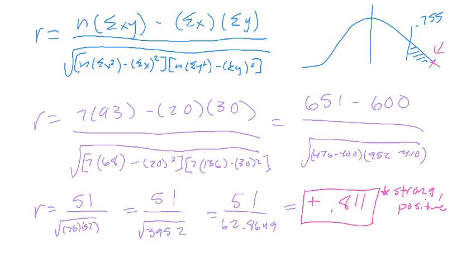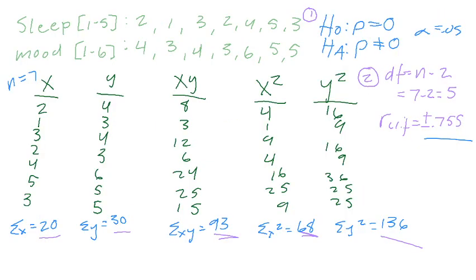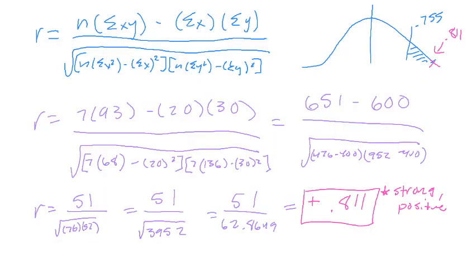We'd be somewhere over here with our 0.811, and we would go ahead and reject the null hypothesis. It seems that there is a relationship between sleep and mood. And not only is there a relationship, but there is a strong and positive one, which is great news, right? But we already knew that, right? We knew that sleep and mood were linked.